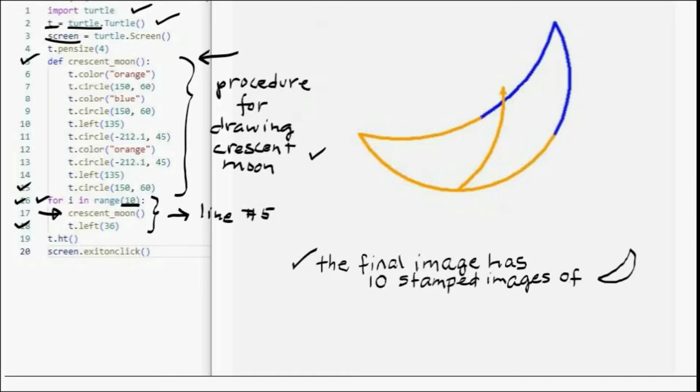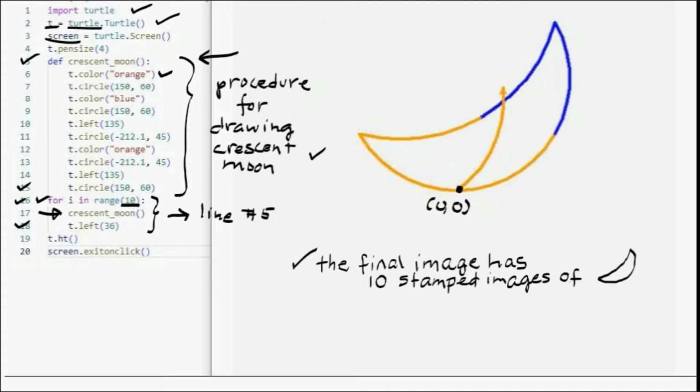To draw the crescent moon, I first specify the color of the arc. Actually, we're starting from this point here on the right portion of the screen. We call this the 0, 0 of the rectangular coordinate plane.